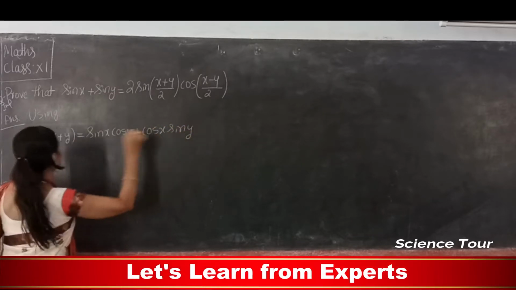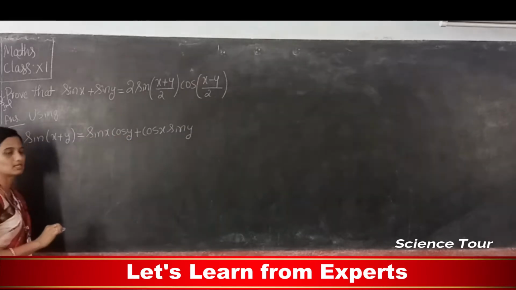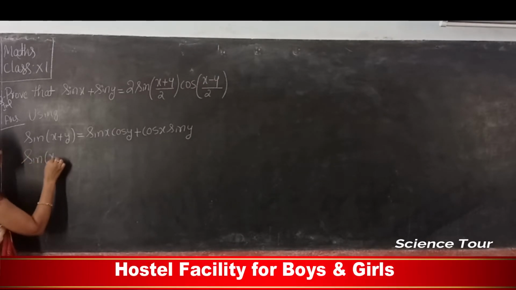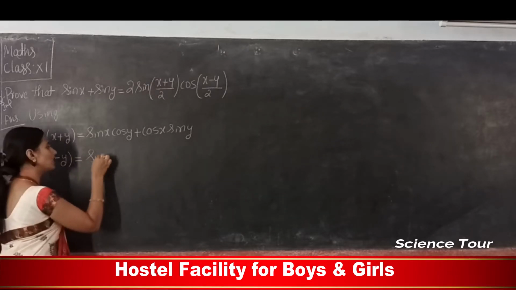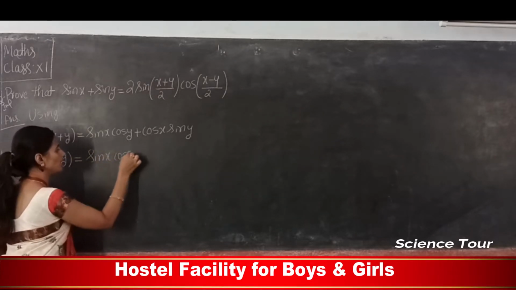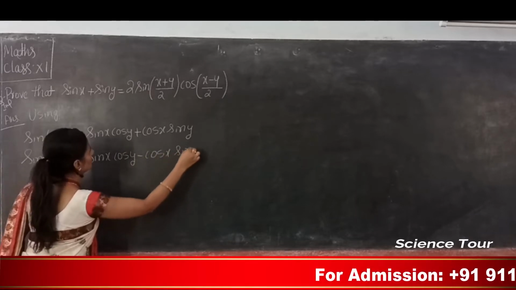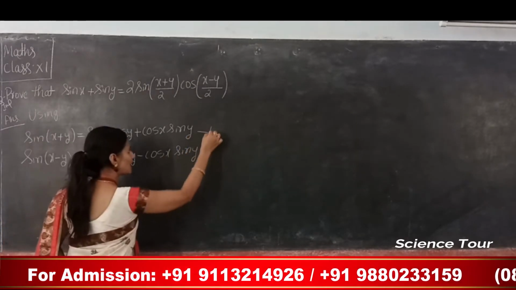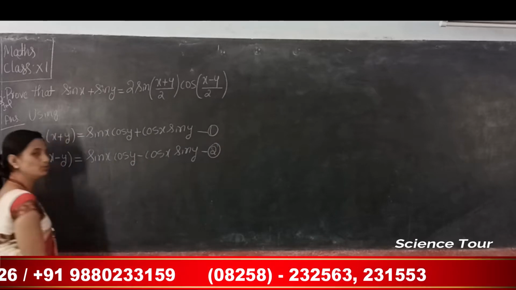Next, one more formula uses sin (x minus y). Sin (x minus y) is what? Sin x cos y minus cos x sin y. So take this as equation number 1 and this as equation number 2.